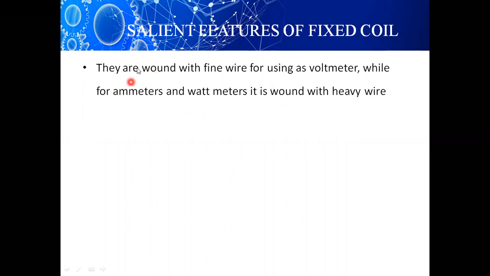So when you want the meter to work as an ammeter or a wattmeter, the fixed coil is wound with thick wire. But when you want it to work as a voltmeter, the fixed coil is wound with fine or thin wire.